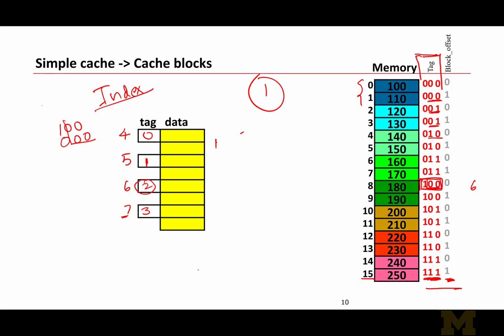So now my tag is going to be the entire address minus index, because when I say minus index, I mean the part that contains the index.